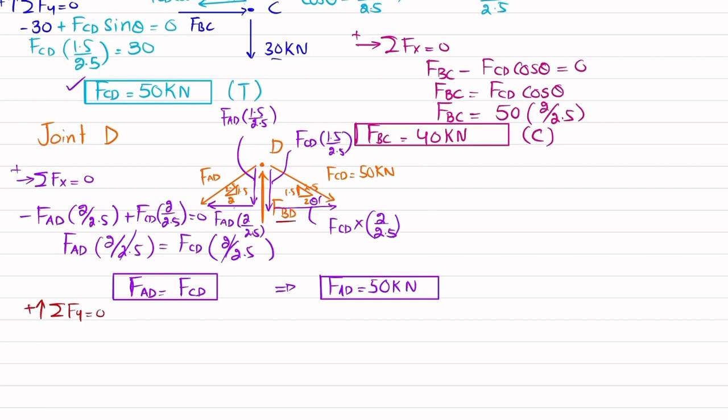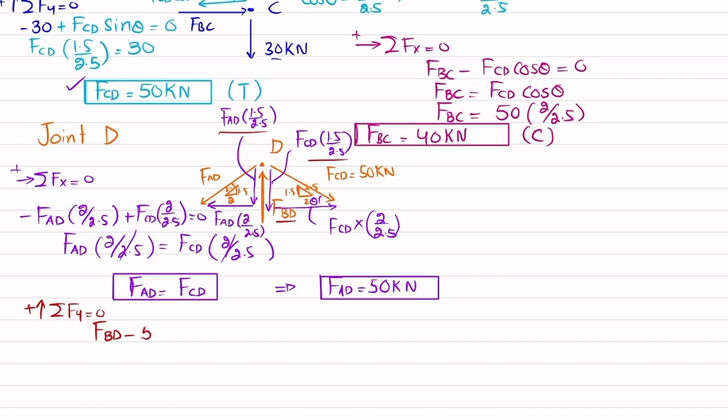You can see FBD is acting upward. So FBD minus the vertical components, these two, these are minus. FAD is 50.